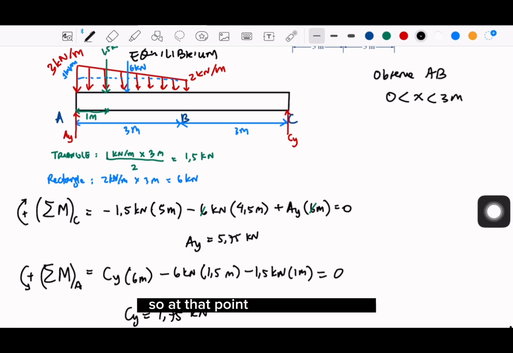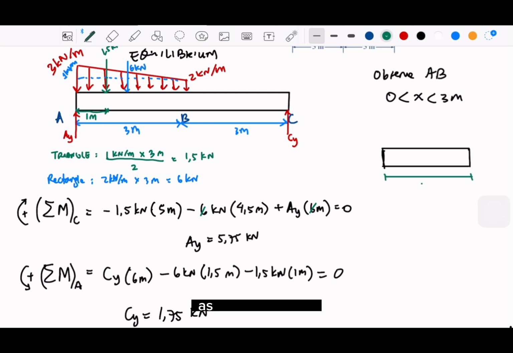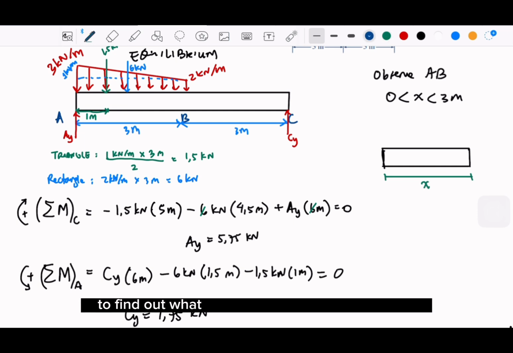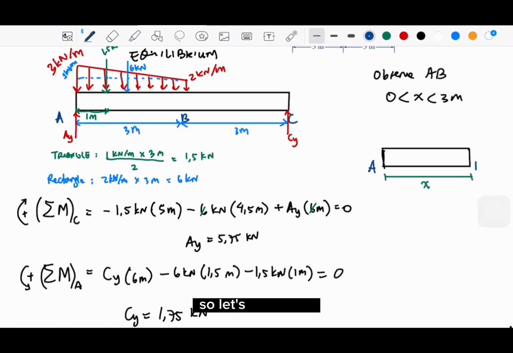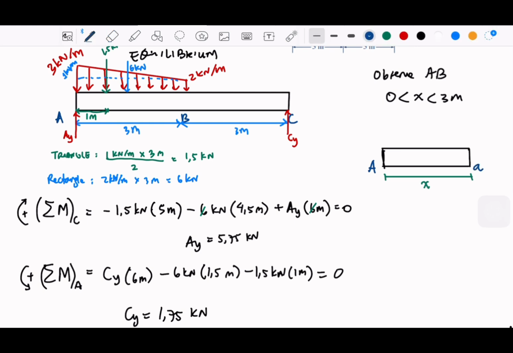So at that point, we have X as distance. I would like to find out what will be the equation for V and M. So let's say this is, as usual, maybe just small a like that.